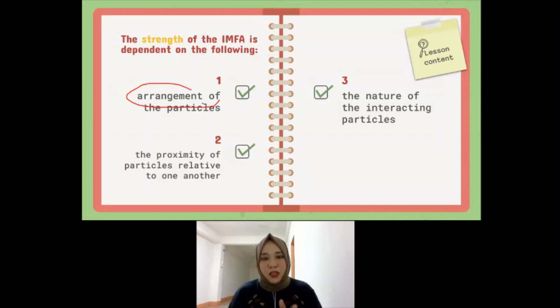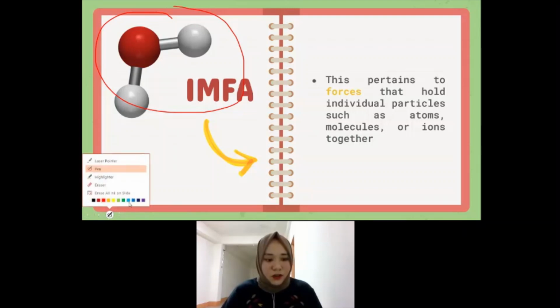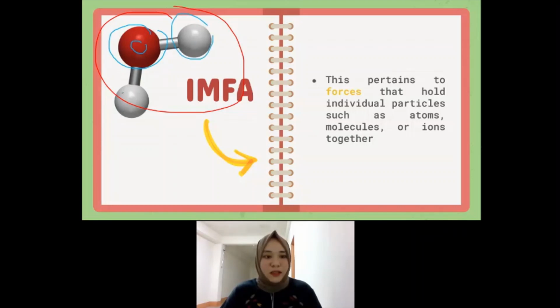For example, the water molecule, H2O. This molecule right here is actually water. This red circle is the oxygen, and these white circles are the hydrogen atoms. The oxygen atom is where the lone electron pair is located, making it partially negative.